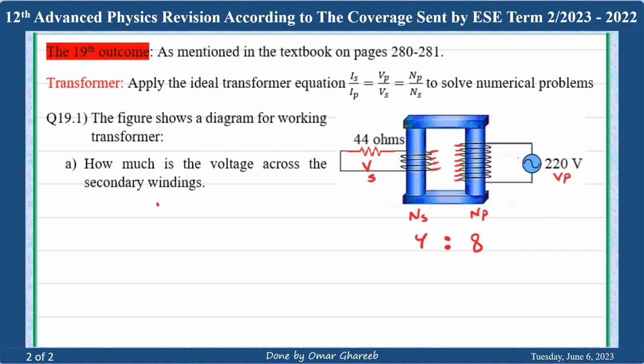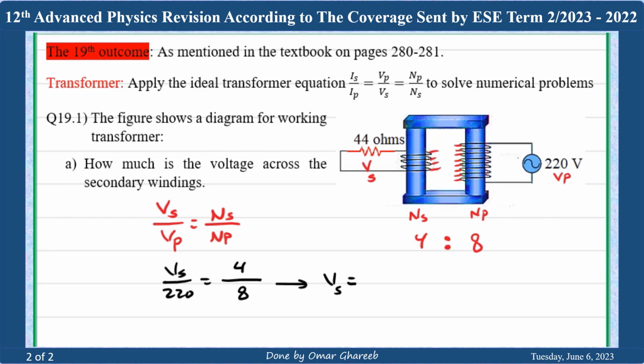Now you can put the formula VS over VP equals NS over NP. VS unknown, VP 220, NS over NP is 4 over 8. That means VS equals 110 volt.